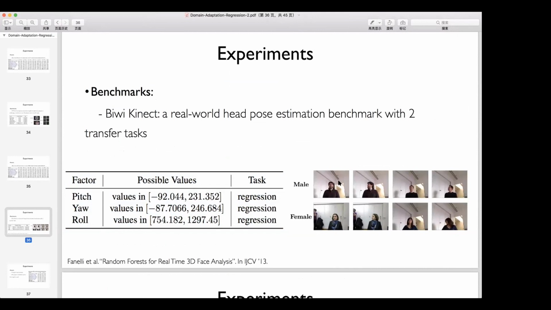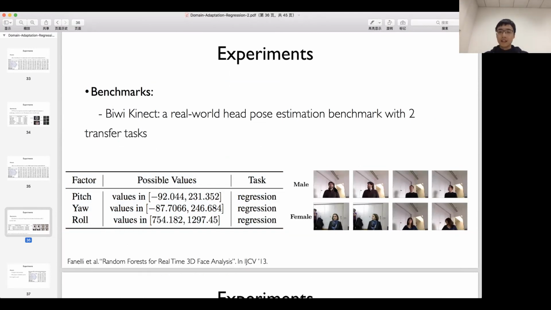For example, if the person does this type of action, there are 3 angles in the 3D world. So the 3 angles in the 3D world are our regression targets. So the output is the 3 angles. Okay, so this 3-vector is just the 3 angles in the 3D world.